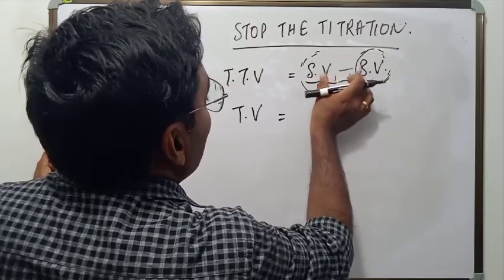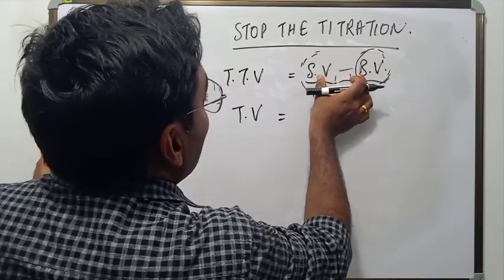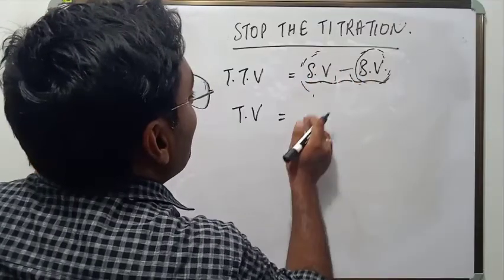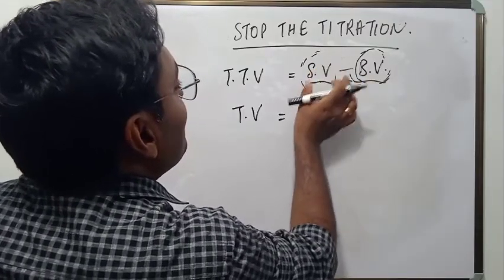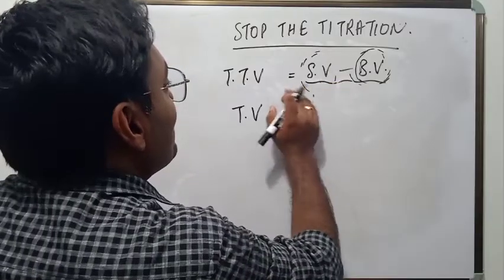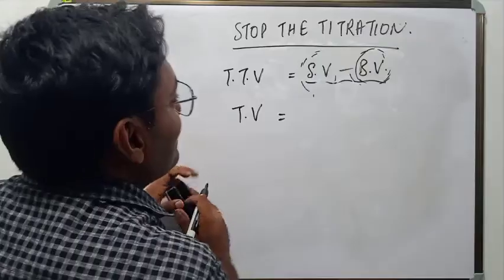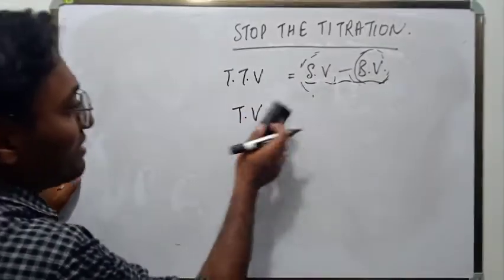So when you subtract it, whatever is owing to N-hexane will be subtracted, and you will get whatever is owing to your sample. Correct? So it decreases the titration error. That is why we have conducted the blank here.